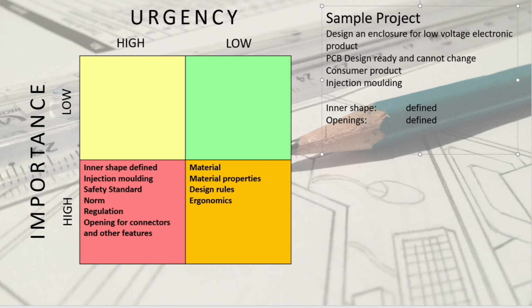Based on the safety standards, norm and regulations, you can also define in the shape the distance from PCB to walls, which kind of defines also the start of the outer size.